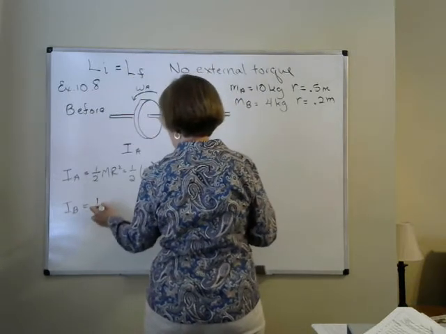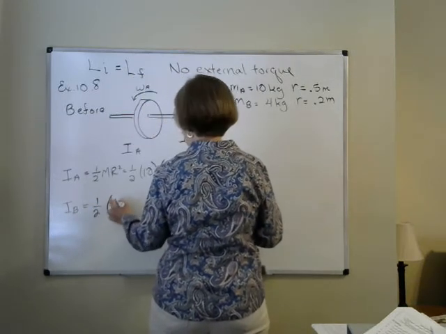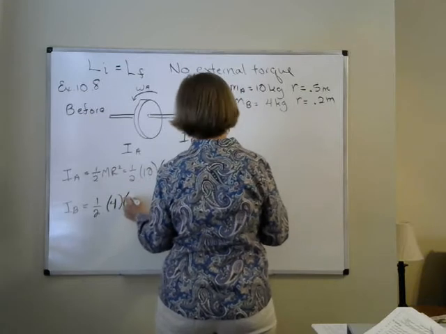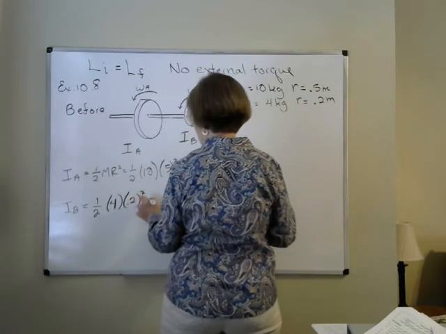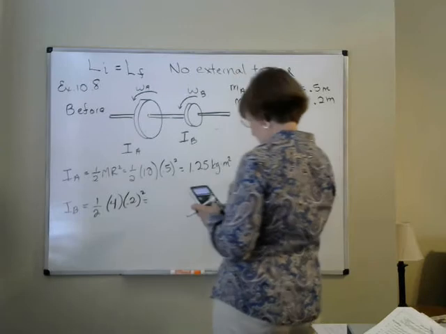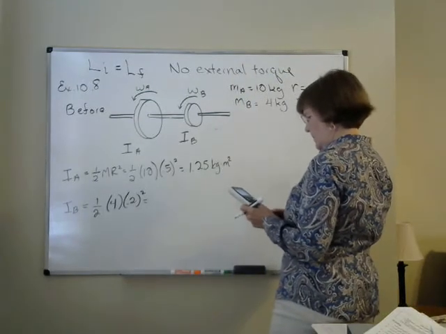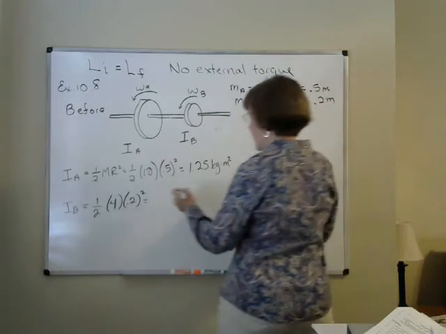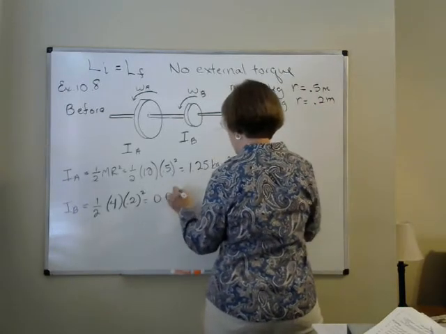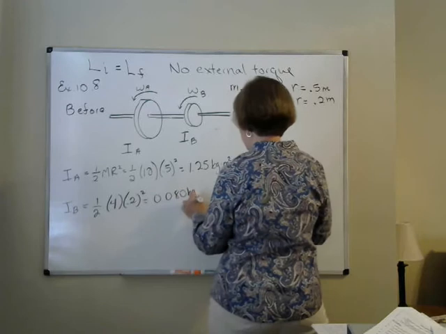For B it's going to be 1/2 times 4 times 0.2 squared. It only has 0.080 kilogram meters squared.